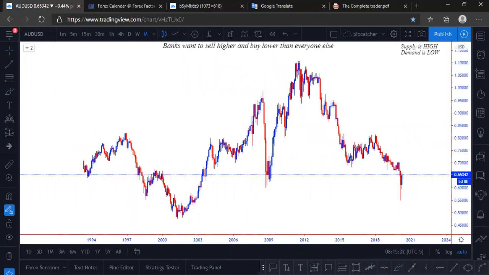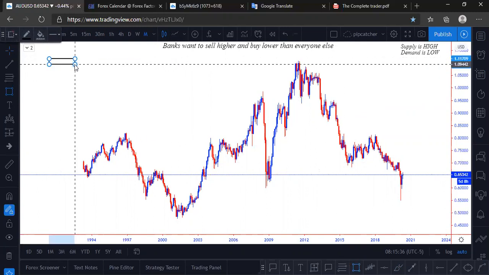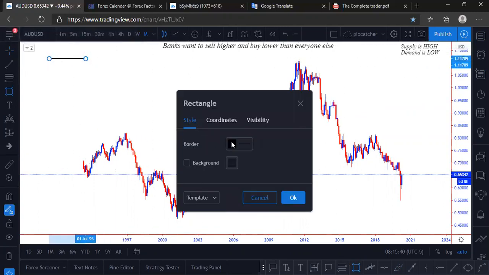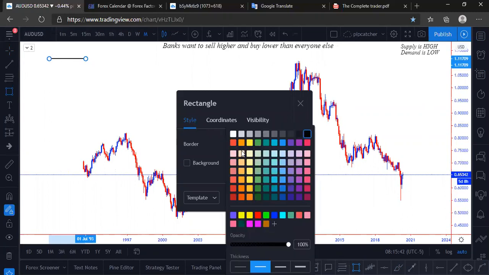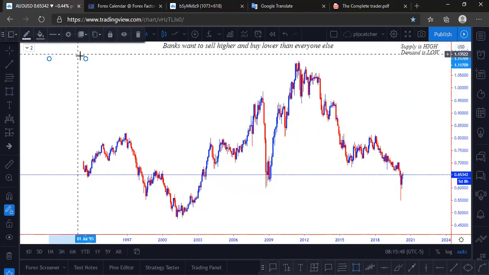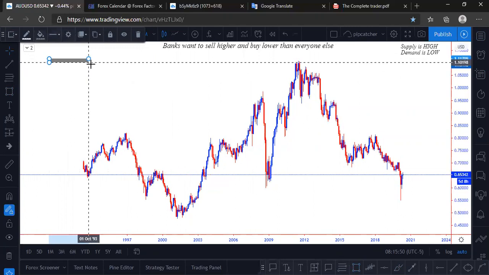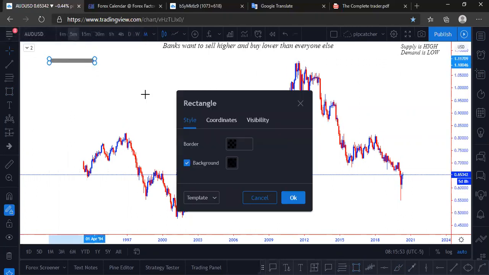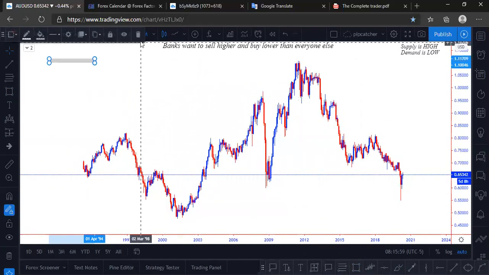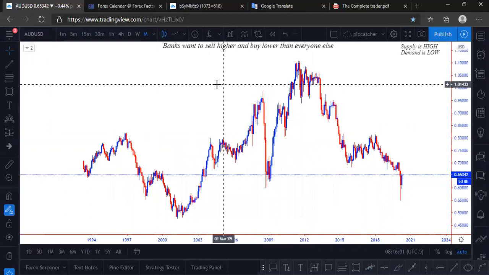But for this video, we can draw out not support, but just supply and demand zones, so we can train our eyes to spot these zones better.